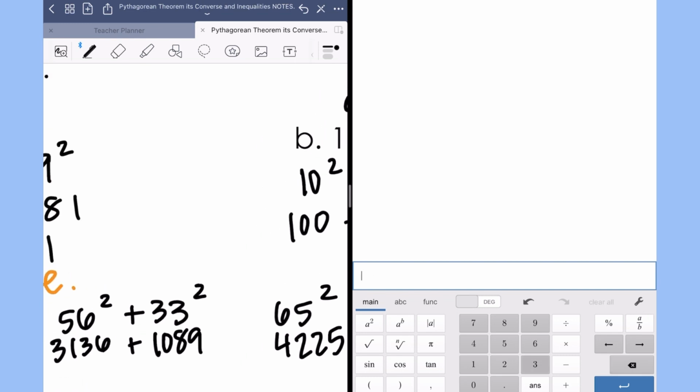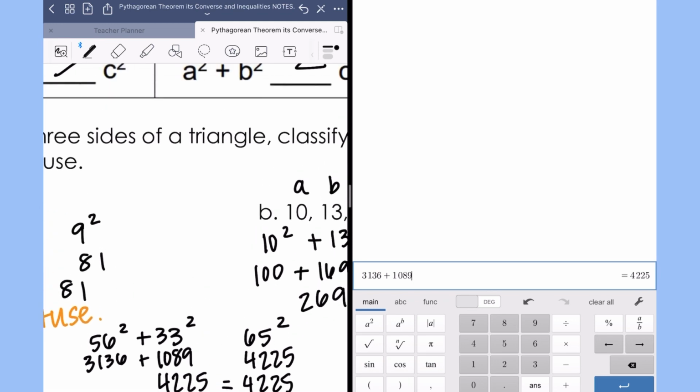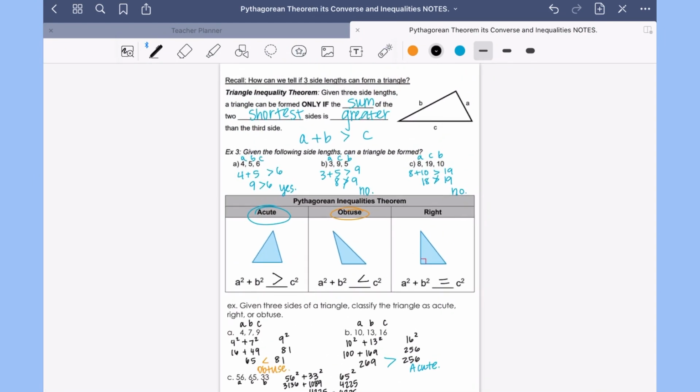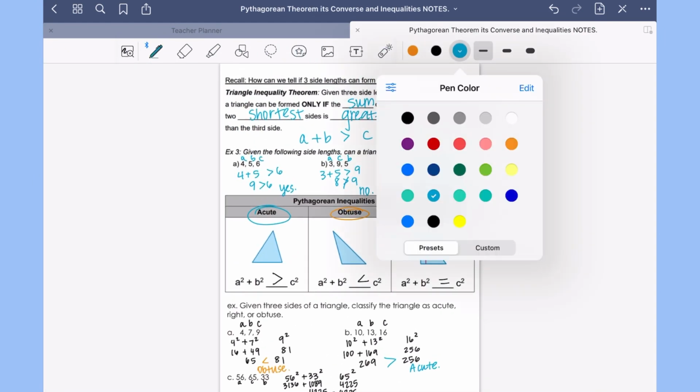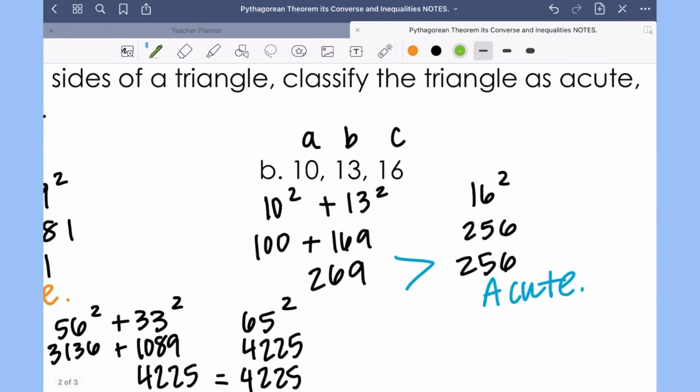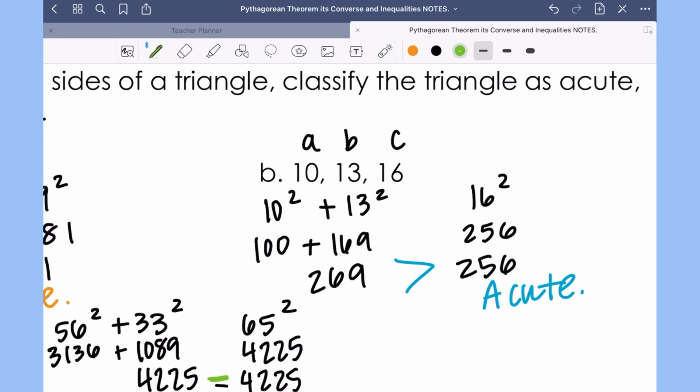So 3136 plus 1089 is 4225. So that is equal to 4225. So that means we have ourselves here a right triangle, since it's equal. Okay, so this is a right triangle.